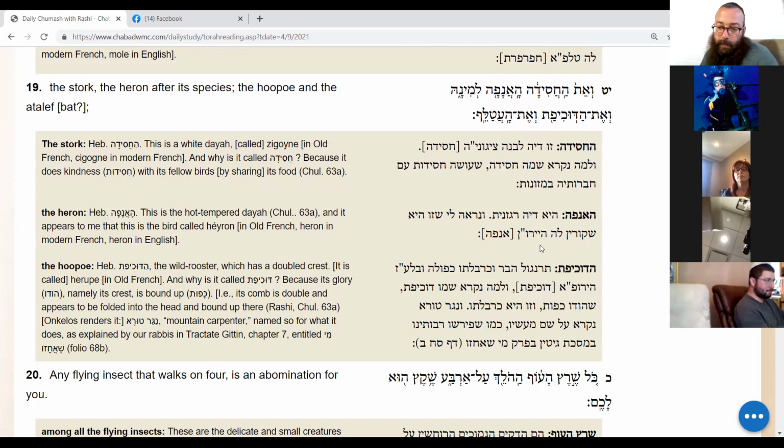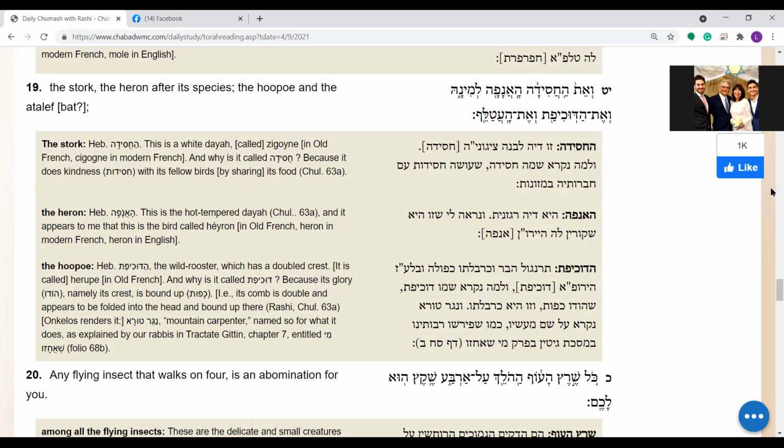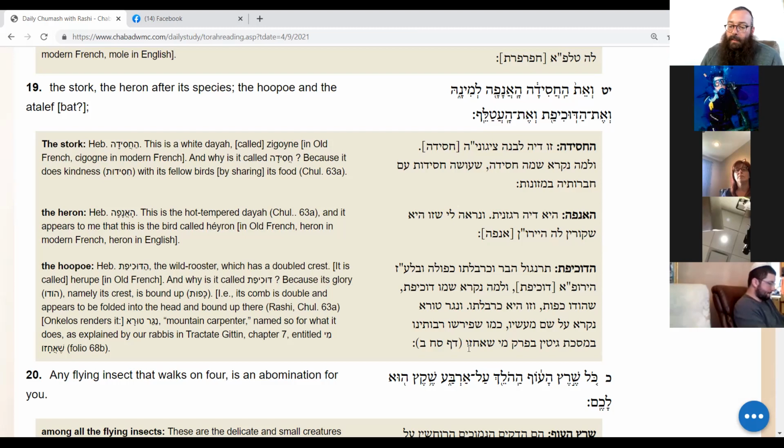Then we have the hupi and the atalef, which is another kind of bat. It's a wild rooster that has a large thing on his head. In the pictures I showed you before, he had this big thing sticking out of its head. And that is what, if I'm saying the English word right, the hupi is, that unique bird.